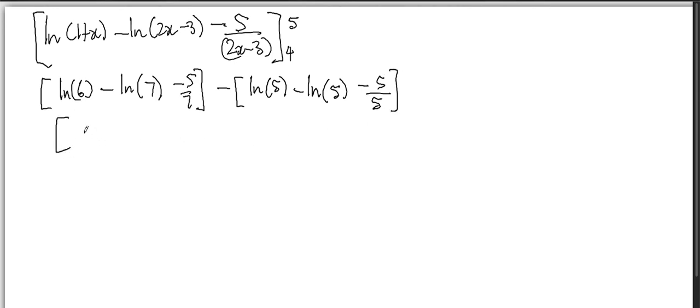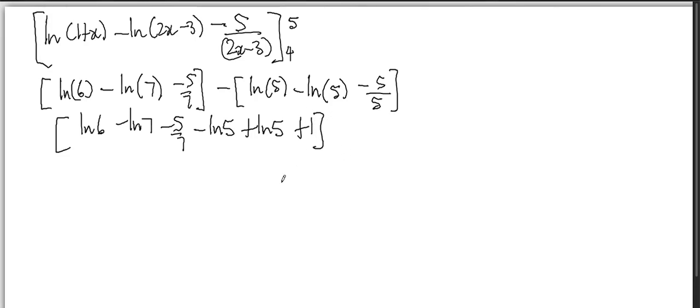So now let's simplify. So ln 6 minus ln 7 minus 5 over 7 minus ln 5 plus ln 5, and then this is negative 1, so it should be plus 1.